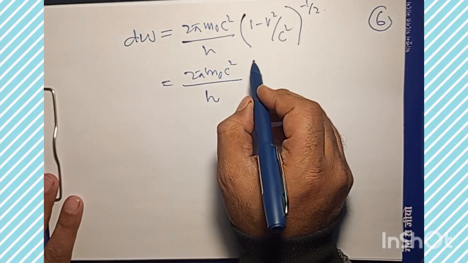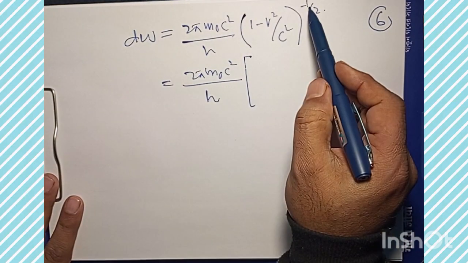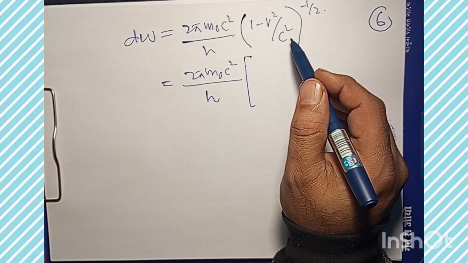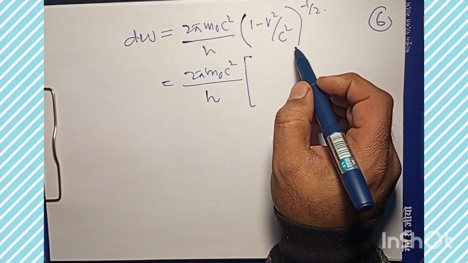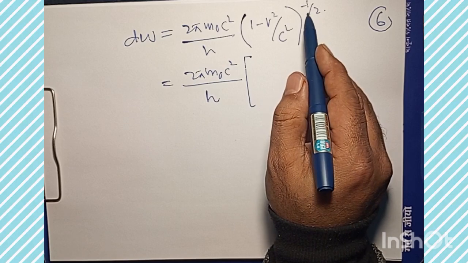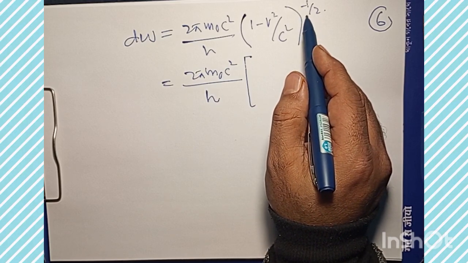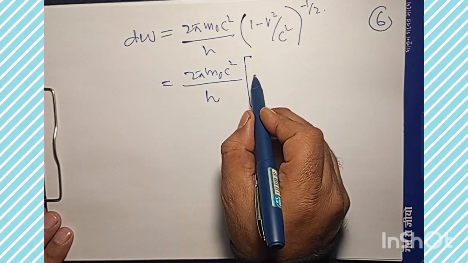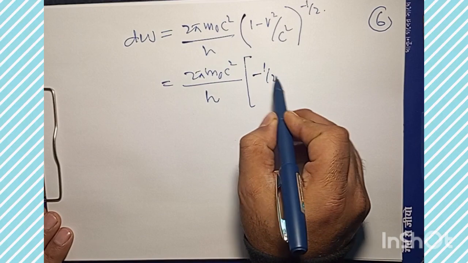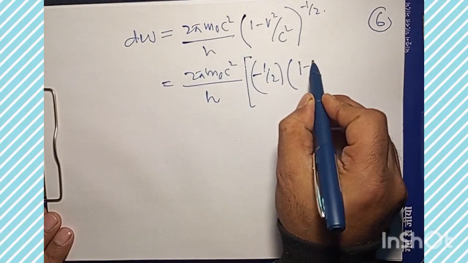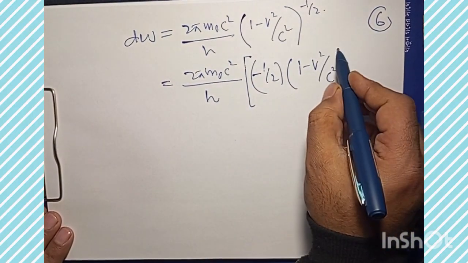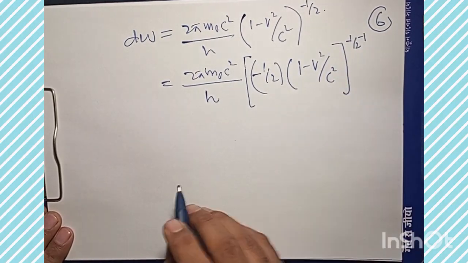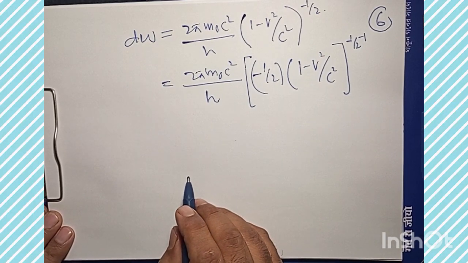Then we will take its derivative, minus 1 by 2 will come down, and what we will obtain is minus 1 by 2 times 1 minus v square by c square whole raised to the power minus 1 by 2 minus 1. Now this should be the case here, right?